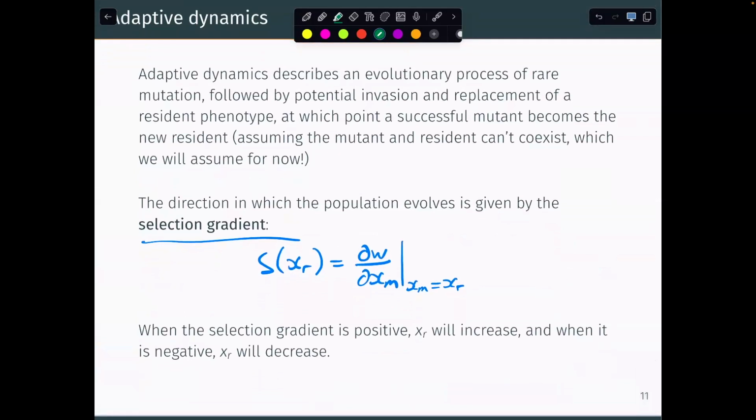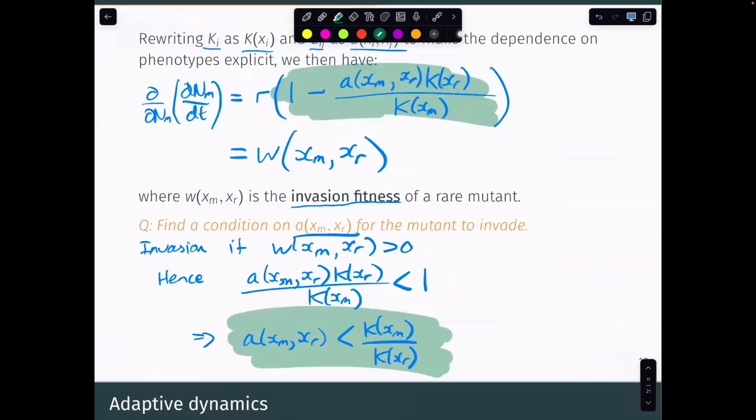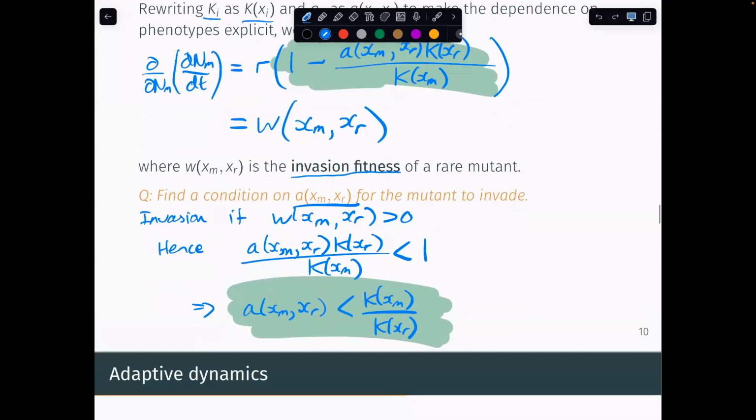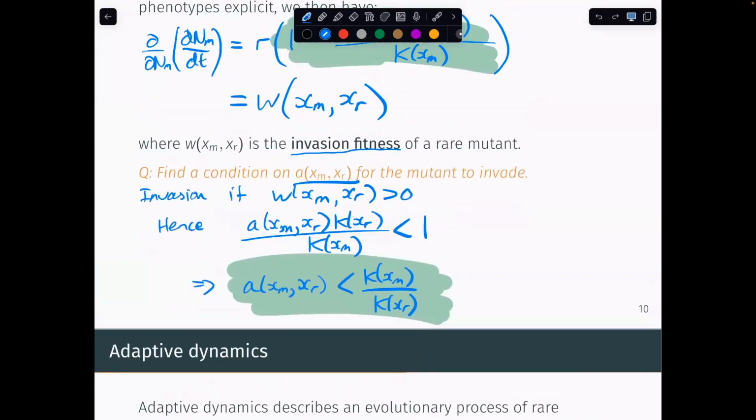Okay, so this invasion fitness here is telling us, can this mutant invade or not? If we think about how successive mutants come into the population, if this term has a positive gradient, then that means that XMs that are greater than XRs are fitter.